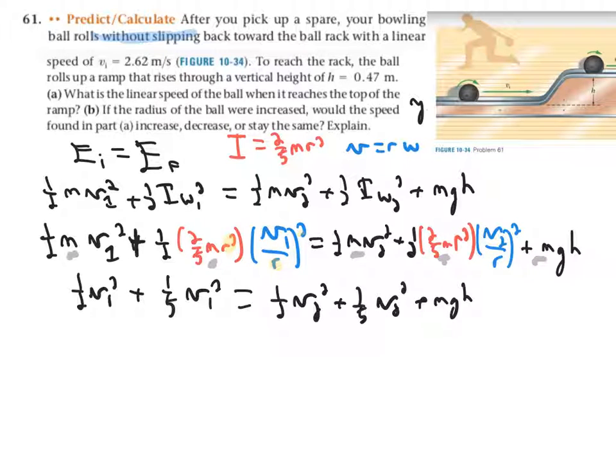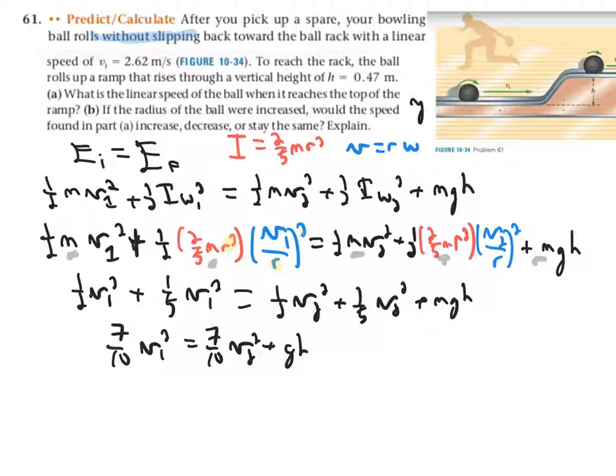Then we've got to do a little bit of fraction combination. 1/2 plus 1/5 is the same as 5/10 plus 2/10, so this is 7/10 v1 squared equals 7/10 v2 squared plus gh.